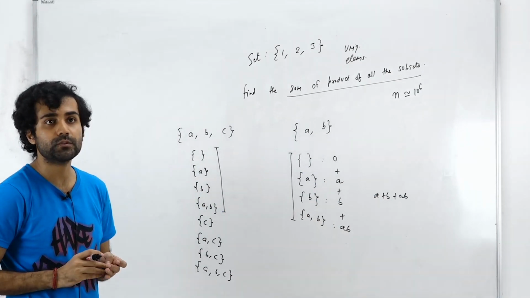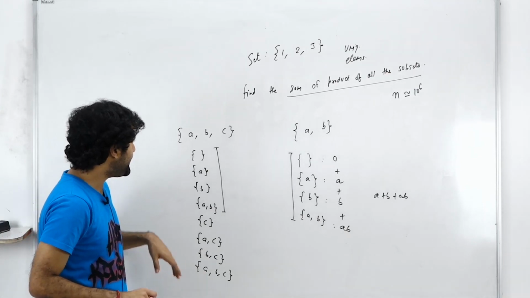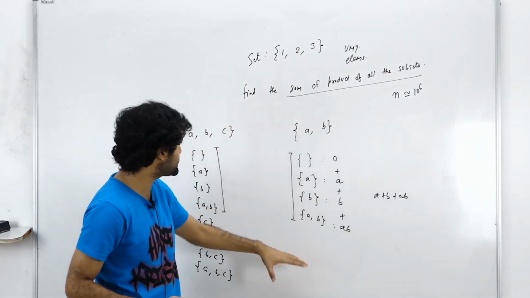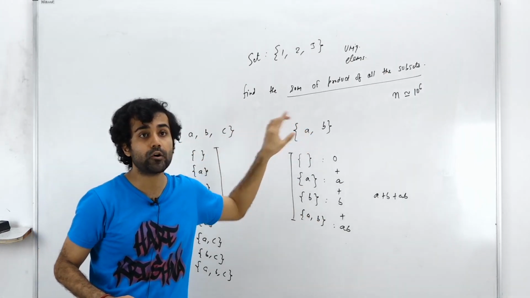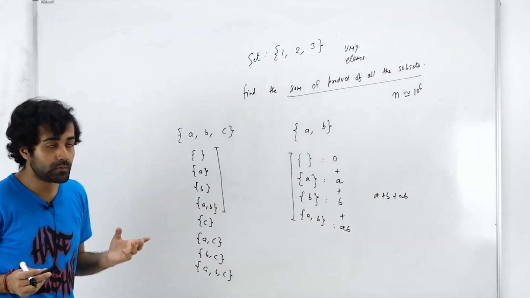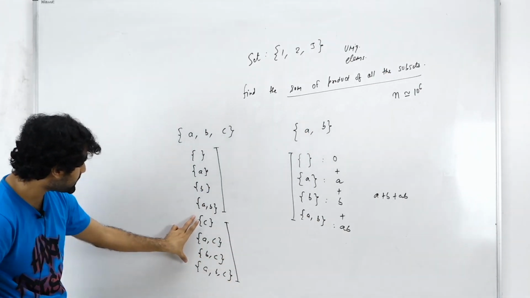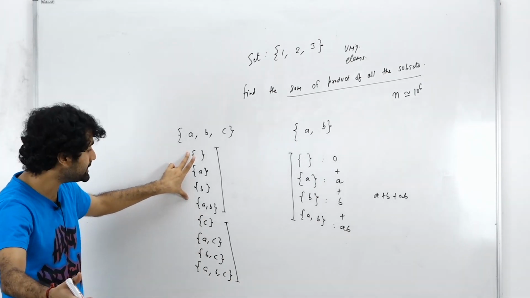I can say that, right? Because all the subsets of this will also contain all the subsets of this, because this thing got created by merely adding one new element to a comma b, right? And now if you closely look at this, then this is nothing but each of these appended by C.